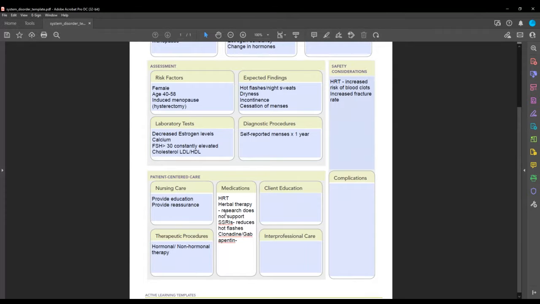So clonidine normally I've given for decreasing blood pressure, but in this instance it can help with the vasomotor symptoms like the hot flashes, flushing, night sweats, that type of thing. And gabapentin is also an anti-seizure medication, but it can also help with those symptoms. So kind of an off-label use of those drugs.